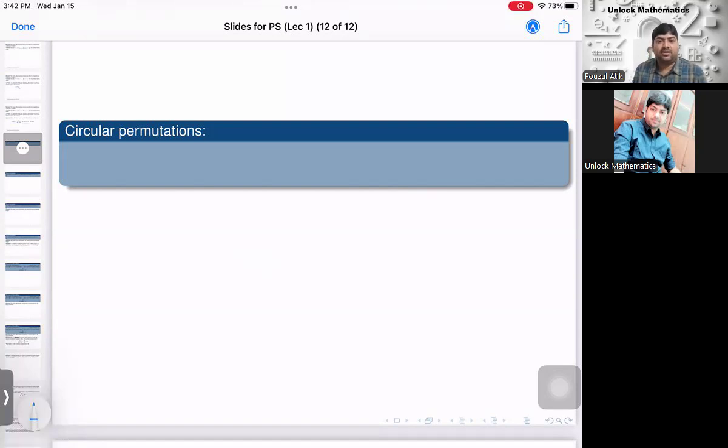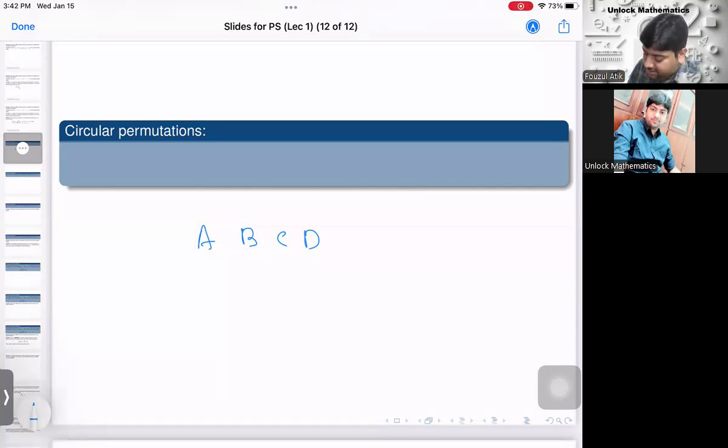Sometimes we need to do the arrangement in a circular way. Let me give you an example. You know the carom board, right? You used to play carom. Four people used to play, so there are 4 players, A, B, C, and D. How many different ways can you arrange them to play carom?